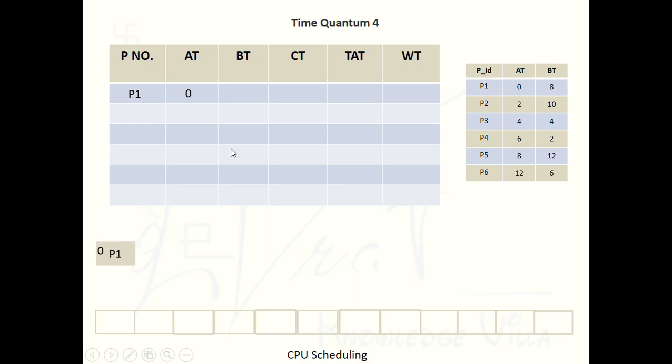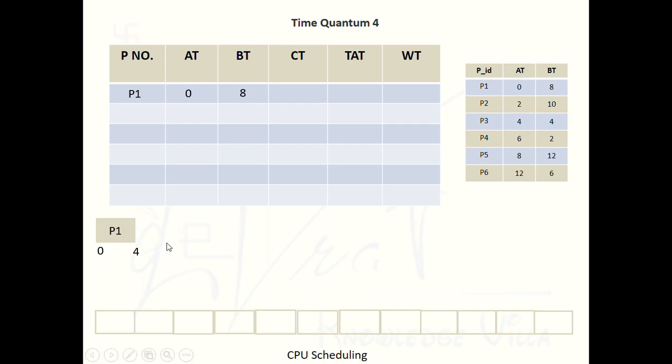So we will look at how much time process P1 will get the CPU. It depends on the burst time of process P1. Here the burst time of P1 is 8 time units, but right now we have a time quantum of 4 time units. So we will allocate the CPU only for 4 time units. Get it?